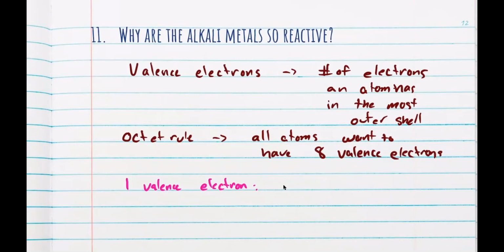So our alkali metals are so reactive because it's easier for them to lose an electron. Not just any electron, a valence electron. To complete their octet.